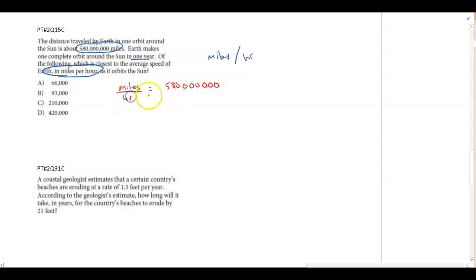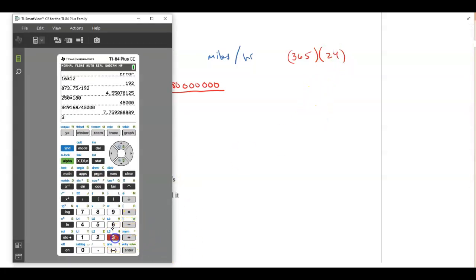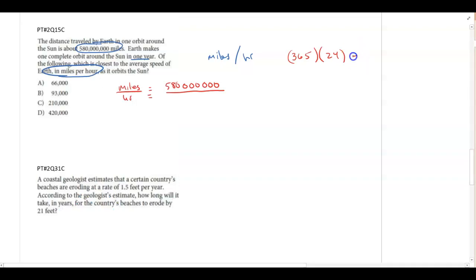But now what we have to do is figure out how many hours are there in a year. So if I look at it, how many days are in a year? 365. Times how many hours in a day? 24. If I take 365 and I multiply it by 24, I get 8,760 hours in 1 year.